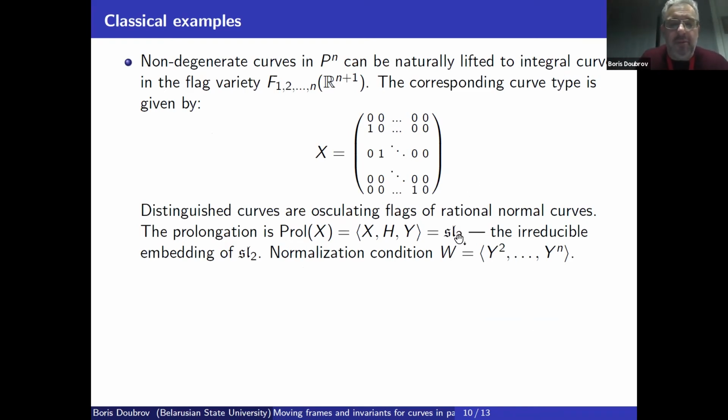And all examples, in a way, are governed by what I said. We will be checking different SL2 triples inside different semi-simple algebras, and we'll check what happens with curves of that type, and which SL2 triples correspond to which curves.